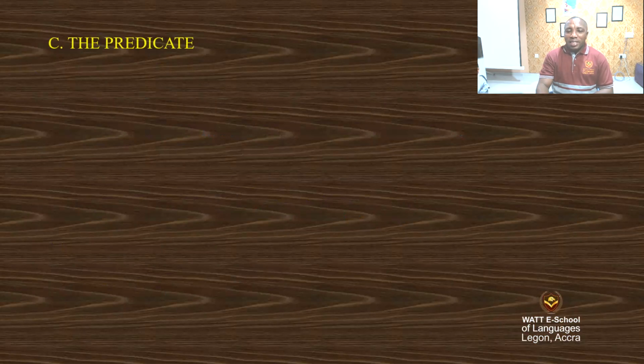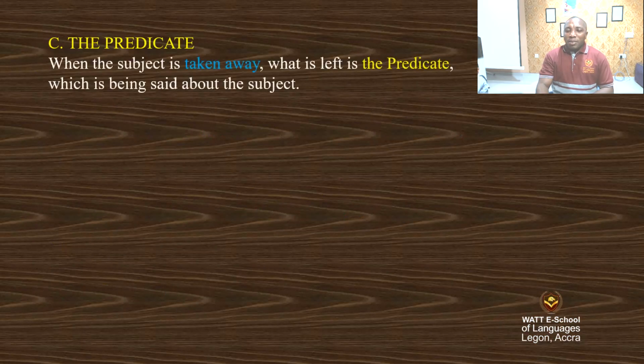What is a predicate? When the subject is taken away, what is left is the predicate. Lorsque le sujet a été éliminé de la phrase, ce qui reste, c'est ce qu'on appelle predicate.